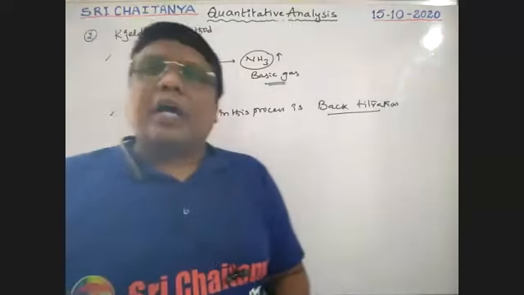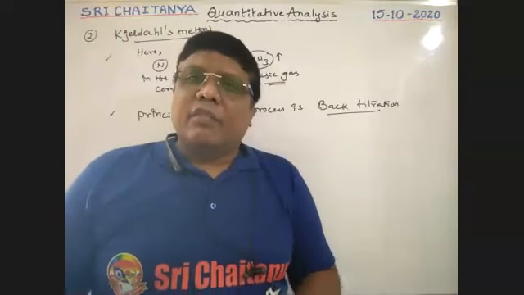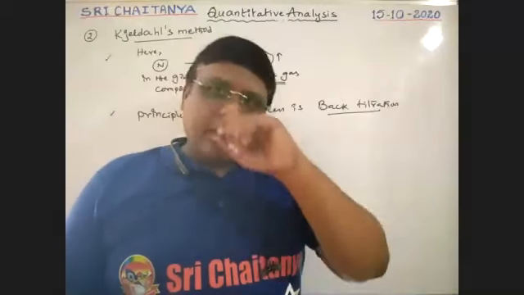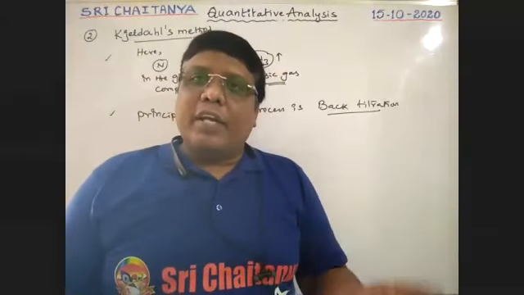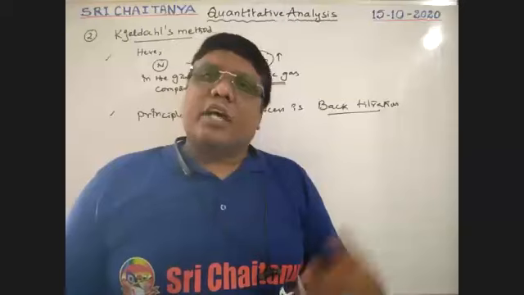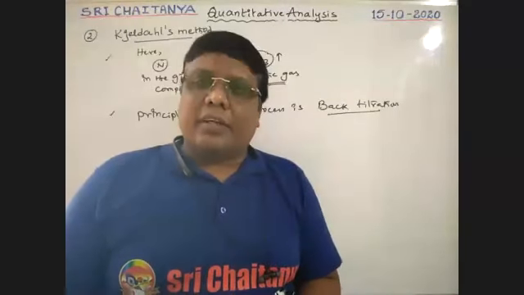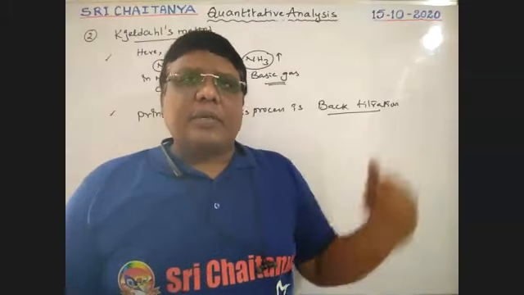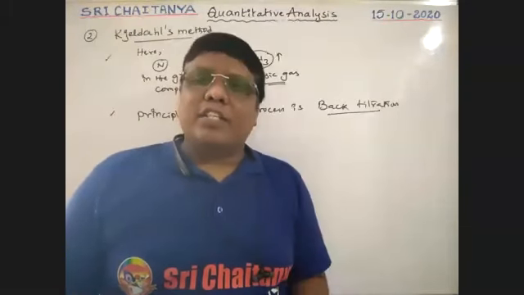Very, very important. Already at the time of titrations, we explained different types of titrations: acid-base titrations, redox titrations, double indicator titrations, back titrations. All these were covered by us at the time of stoichiometry titrations. So it is the application of back titrations.